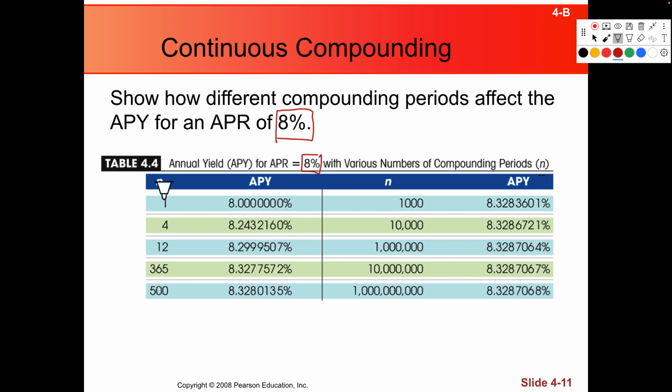So if I just pay it once a year, that's 8% interest. If we pay you quarterly, then you're getting interest on your interest. That's an additional 0.243. So you're getting more interest back, higher interest rate. And notice if we did it monthly, 12 times a year. So 4 is quarterly.